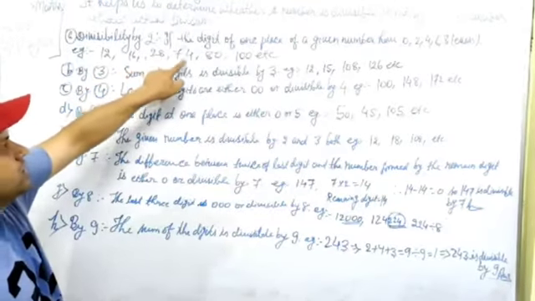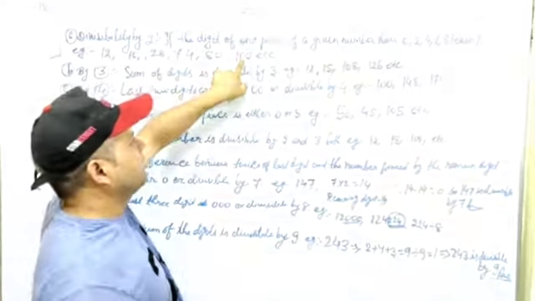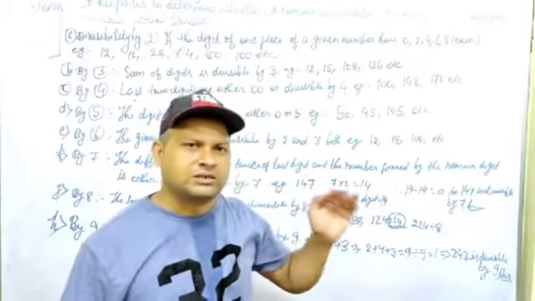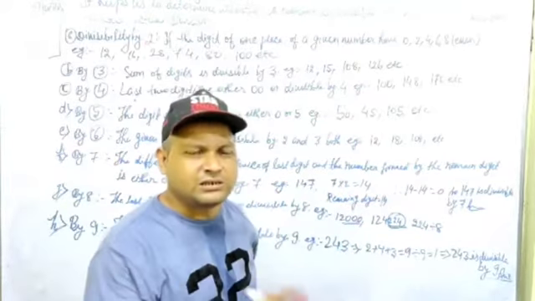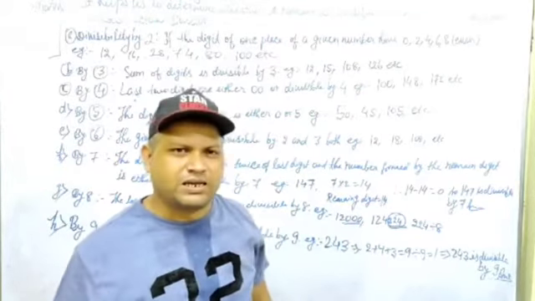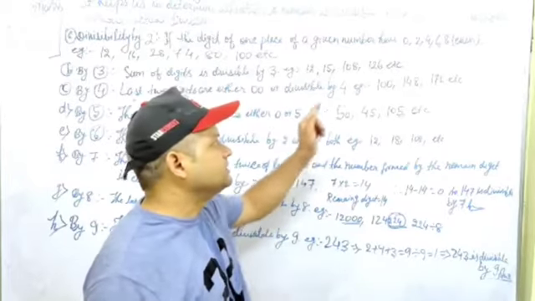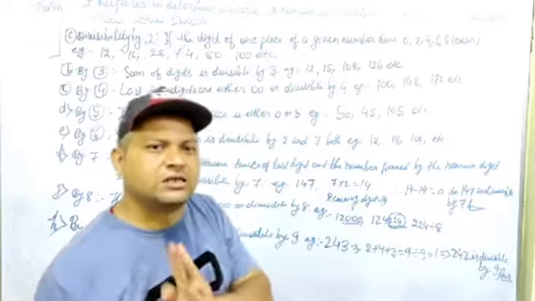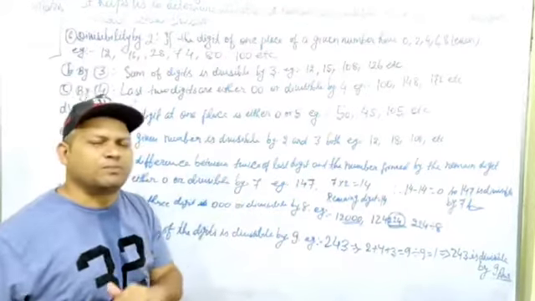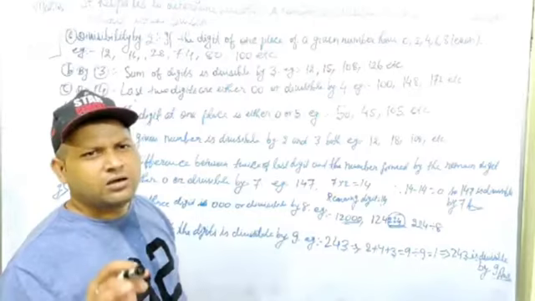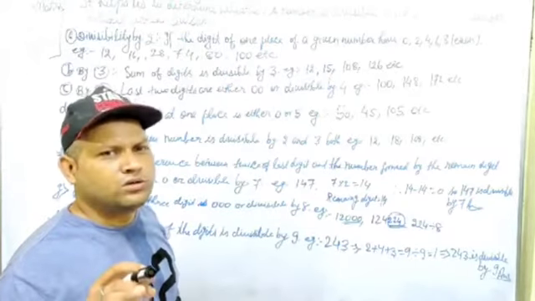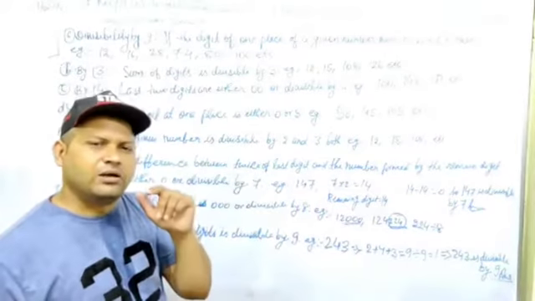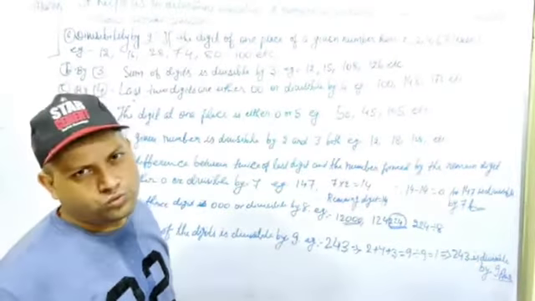Here 28, 74, 80, 100, and there are many numbers that are divisible by 2 if they contain 0, 2, 4, 6 or 8 at the one's place. So remember that if the digit at the one's place is even, or 0, 2, 4, 6, 8, then that number will be divisible by 2.